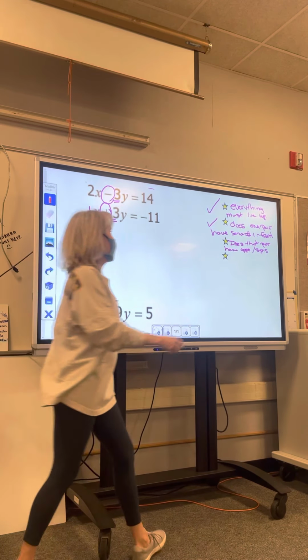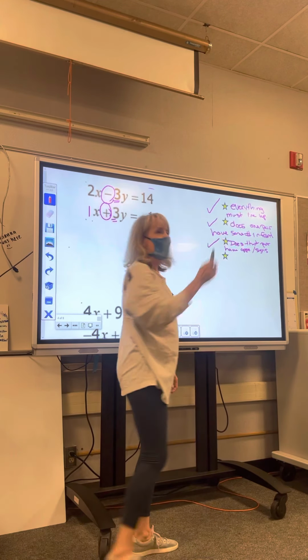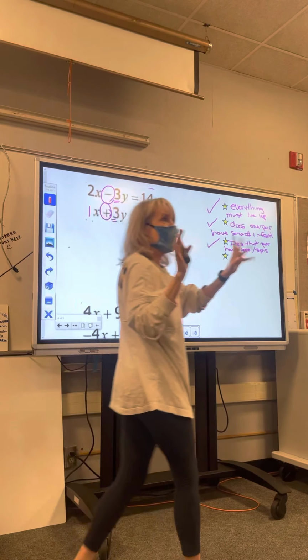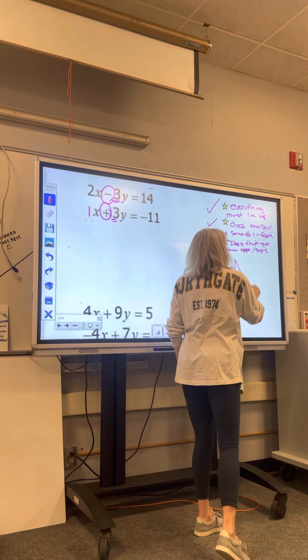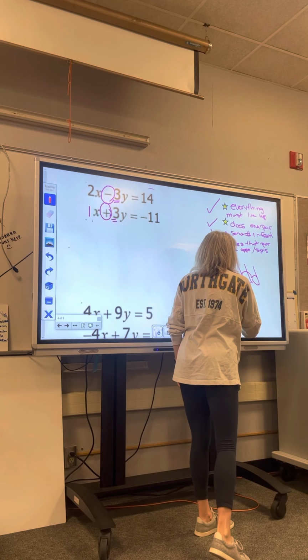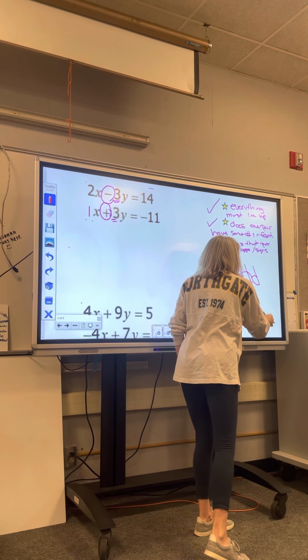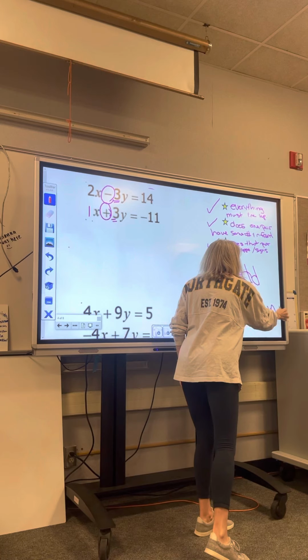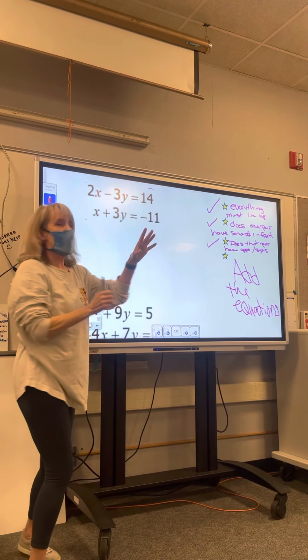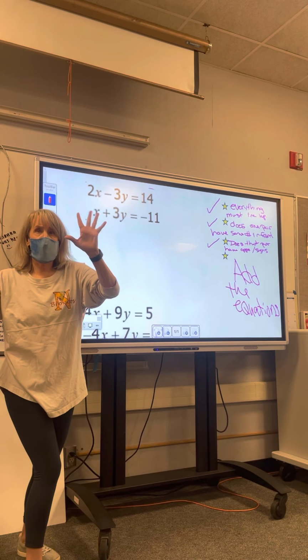Yay, I check. And if those 3 things happen, then we get to do a little magic and just add the equations. And watch what happens. You guys are going to think, oh, I remember this. I got my 3 conditions met.